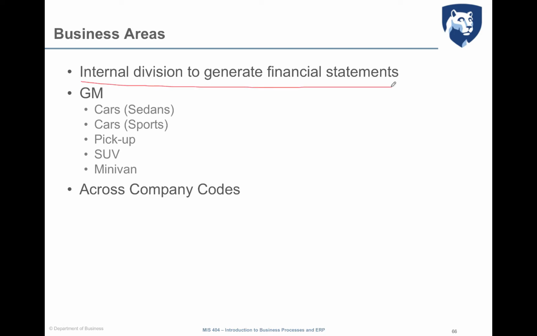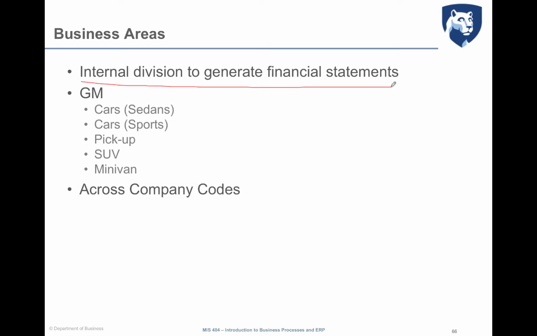A segment, so, is a division of an enterprise for which the management monitors some financial performance, like revenue, like cost, like profitability, and this is done separately from other segments.